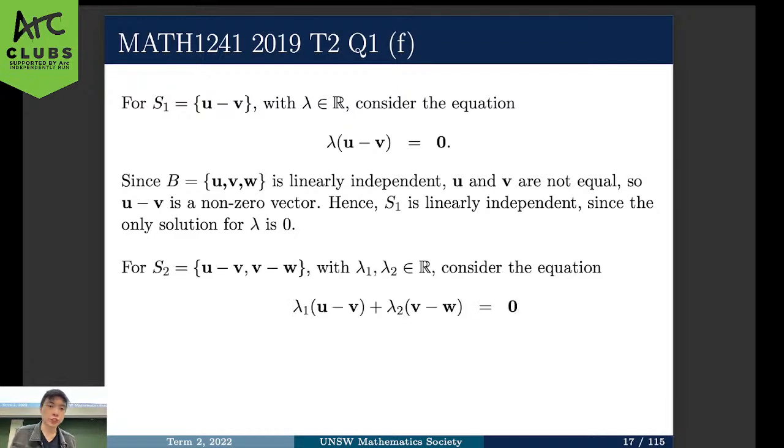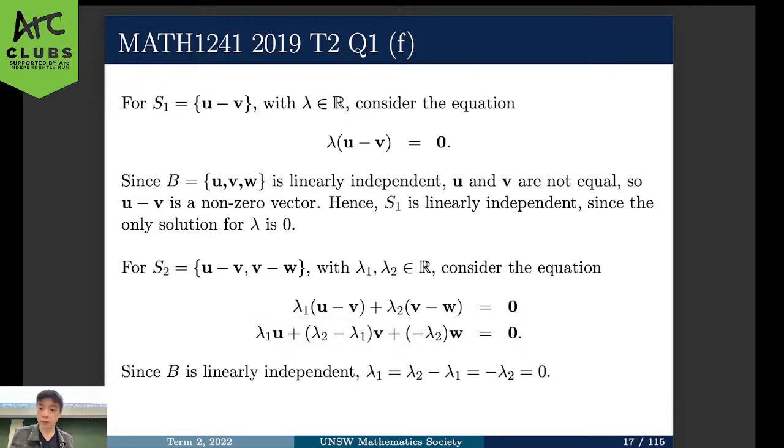So for the next question, we have a set of two vectors, u minus v and v minus w, and we have two scalars defined so that we can consider the linear combination of this when it's equal to 0. We can just rearrange it. We expand these brackets and put it in terms of u, v, and w, because we can use the property that u, v, and w are linearly independent.